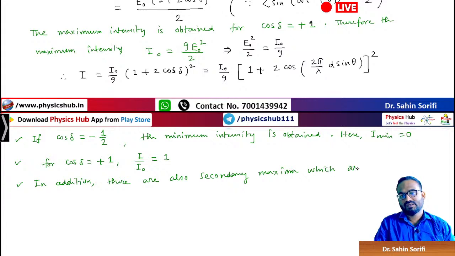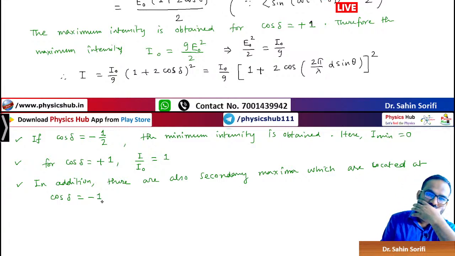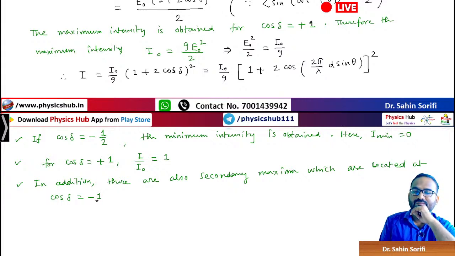You see, if you take cos delta equal to -1, we are expecting a minimum, but it is not a minimum, it has some finite value. Okay, that is not the minima.